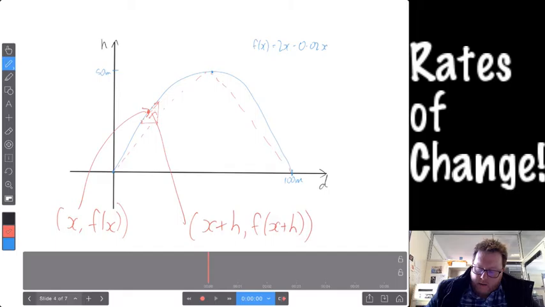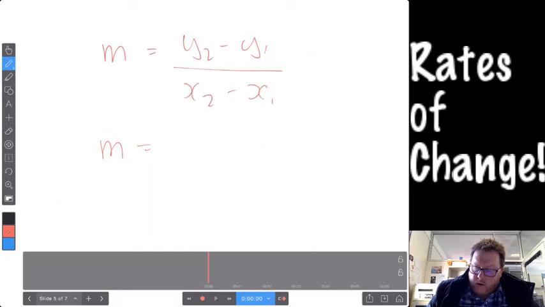Okay, then what would our gradient formula look like with those values? Well, the gradient formula would be y2, f of x plus h, minus y1, f of x, all over x2, which was x plus h, minus x.